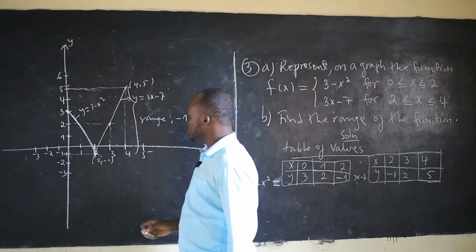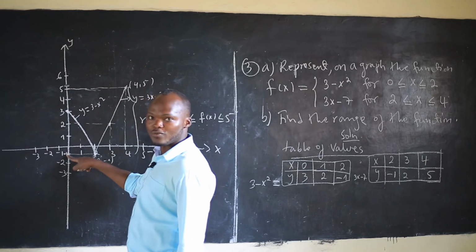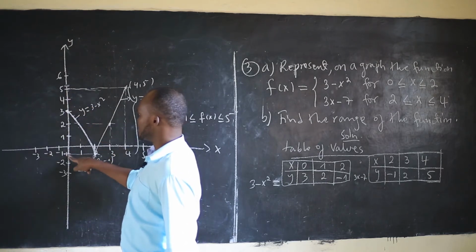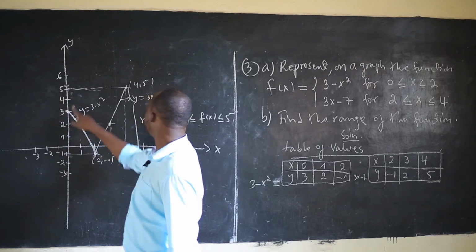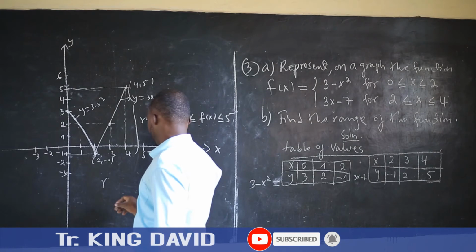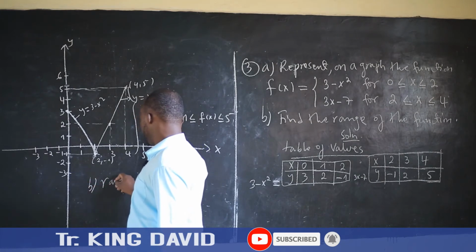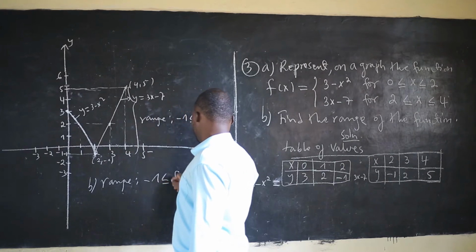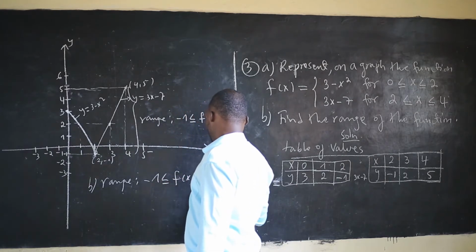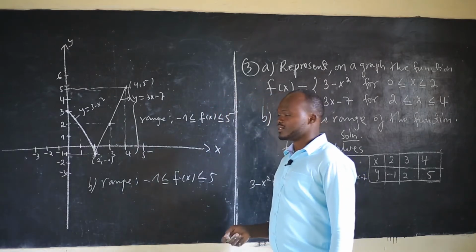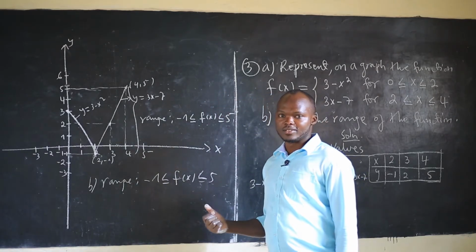That's the range, because on the y-axis the smallest value is negative 1 and the biggest value is 5. So our answer is b: negative 1 less than or equal to f of x less than or equal to 5. I hope you don't have any question. If there is no problem, let's go to another number.